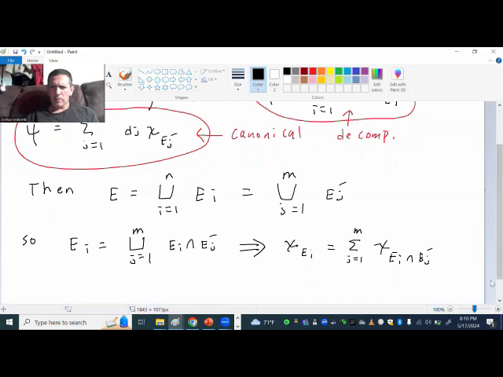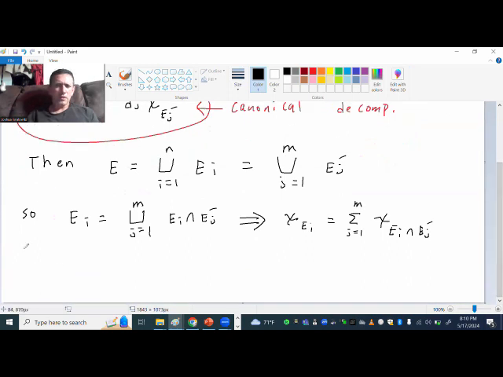All right, and the same thing for the E_j's. For each j, I can write this. You might be able to see where this is going. It's really the same thing, except, sorry, for each E_j prime, except I'm summing over i.